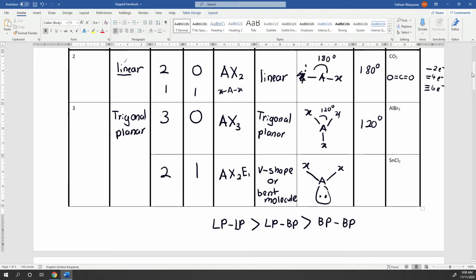So kalau you tengok lone pairs dengan bonding pairs tolak lagi kuat daripada bonding pair dengan bonding pair. So now what happened is these two bonding dia akan bergerak ke sini sikit. Dia nak mengelak daripada lone pair ni.